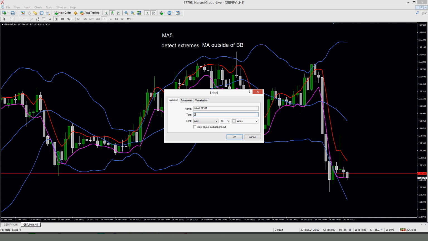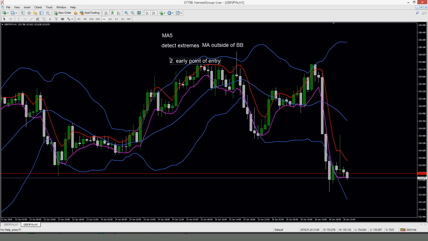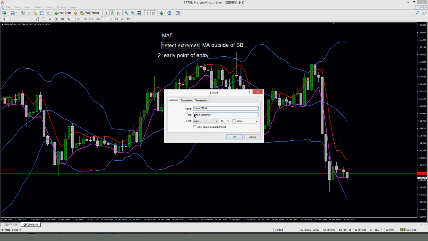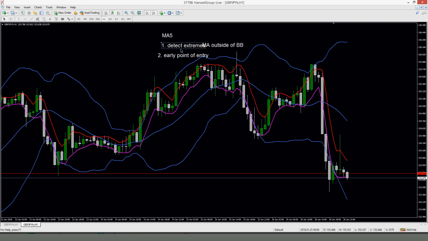So the next function of the moving average 5 is point of entry. All right. So early point of entry. Okay, let me just write it down properly here. So it's going to help.